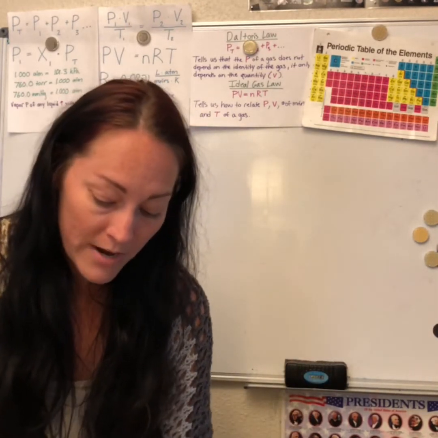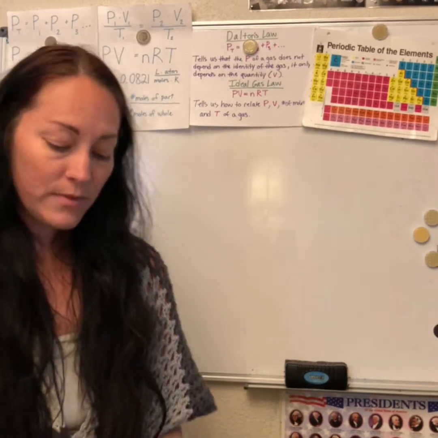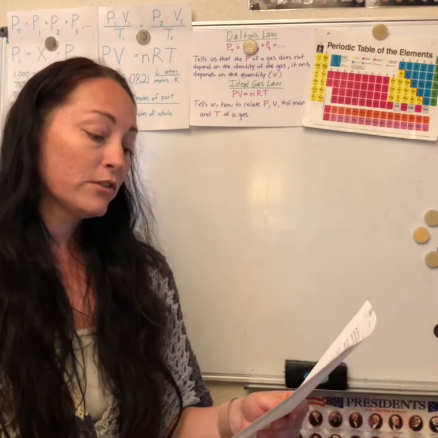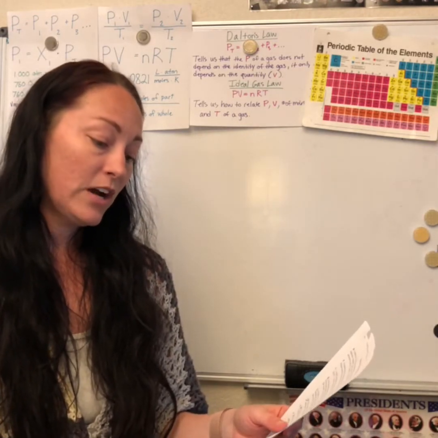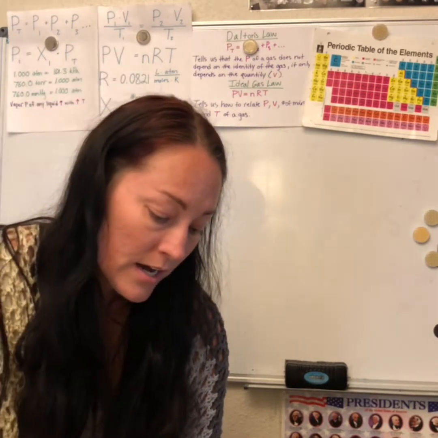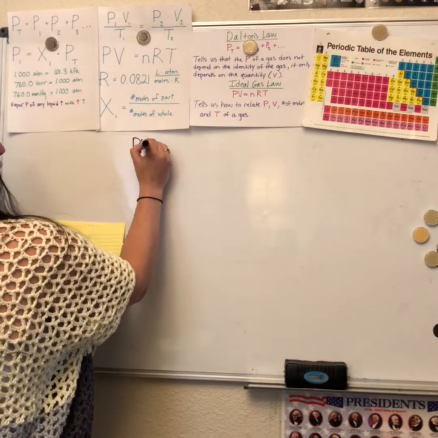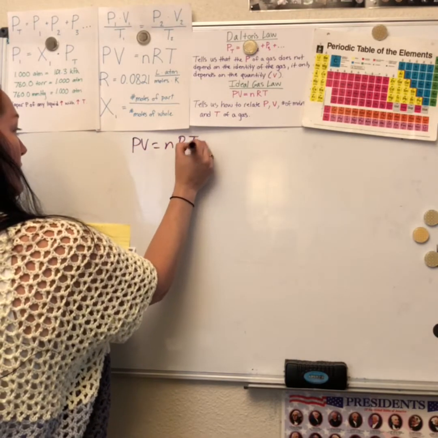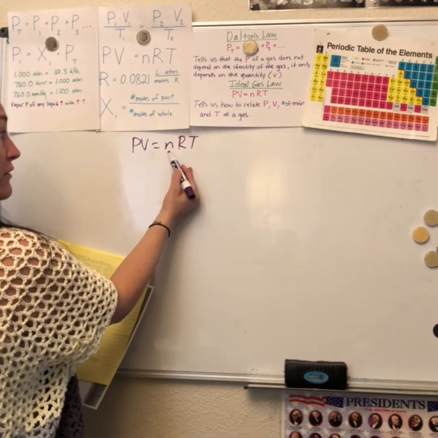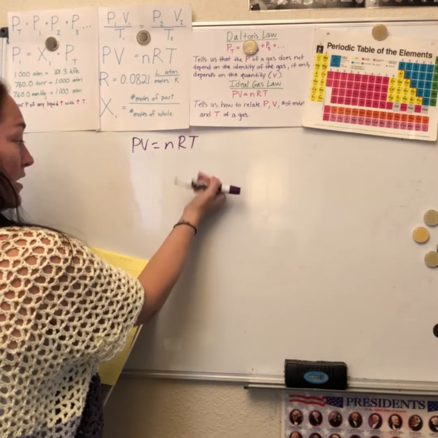All right, so let's go ahead and look at number 8. It says, what is the volume of 16.1 grams of chlorine gas at 1 atmosphere and 25 degrees Celsius? So let's go ahead and put PV=nRT up here. Remember, pressure, volume, this is number of moles, this is our gas constant, and this is our temperature, okay?